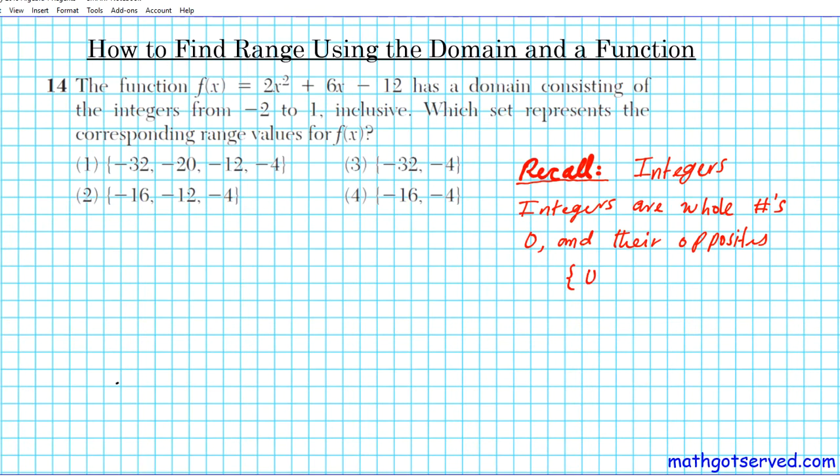Integers are 0, plus or minus 1, plus or minus 2, plus or minus 3, and it goes on and on forever.